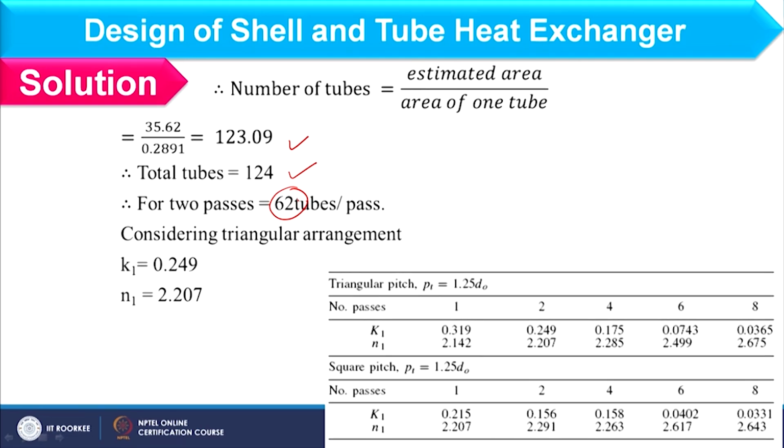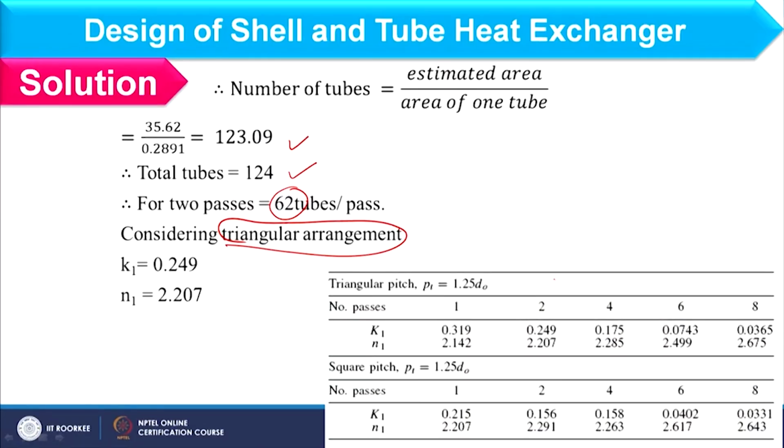So considering the 2 pass and assuming a triangular arrangement, as we have already discussed, triangular and square pitch arrangements are used extensively. So here I am considering a triangular arrangement. You have to refer to this table to find the bundle diameter, because the bundle diameter needs the values of K1 and N1.